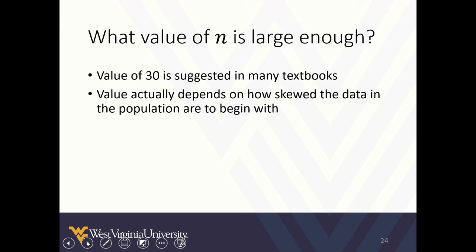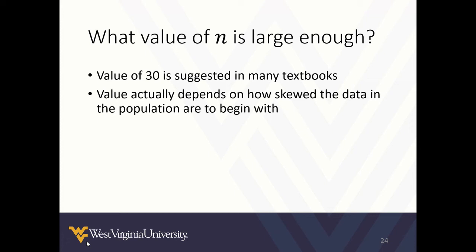So this may bring you to a very logical question: we say that when n is large, it can approximately follow the normal distribution, but how do we know how large of an n we are going to need to use? Many textbooks use the value of 30.